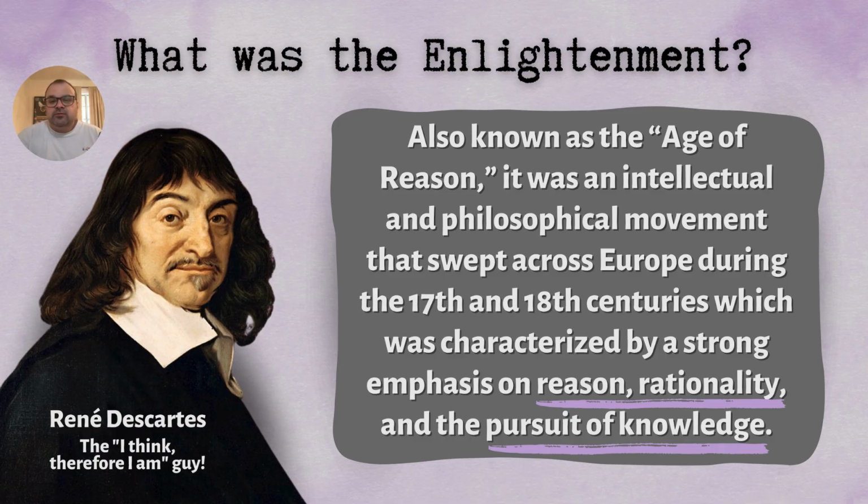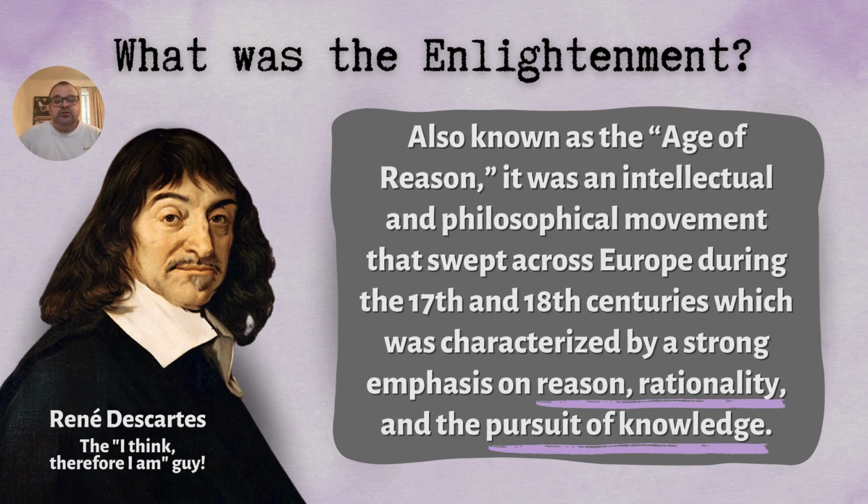And it's really defined by this emphasis on reason, rationality, rational thought, and the pursuit of knowledge. And you want to remember before this, religion was the one that held the knowledge, was the gateway to knowledge. And this was about finding your own sense of that.